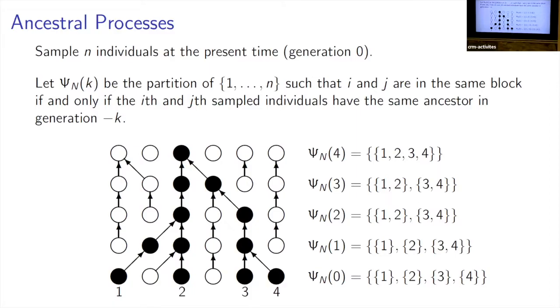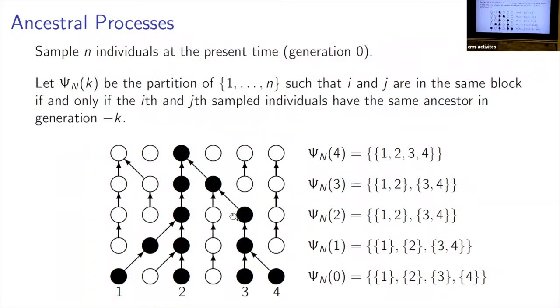And so here's a picture where we have a population of size 6, and we've sampled these 4 individuals from the population in generation 0. None of them have common ancestors in generation 0, so Ψ_n(0) consists of the partition of 1 through 4 into singletons. Now, if we look 1 generation back, the individuals 3 and 4 have the same parent, so Ψ_n(1) is this partition where the integers 3 and 4 are in the same block.